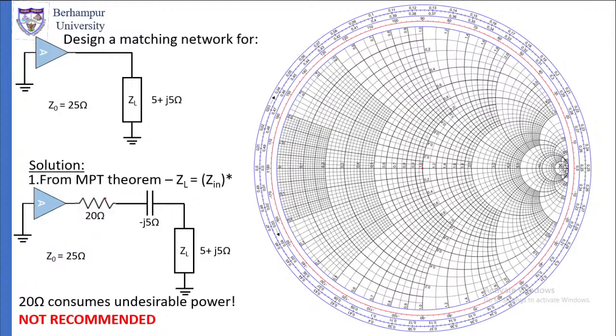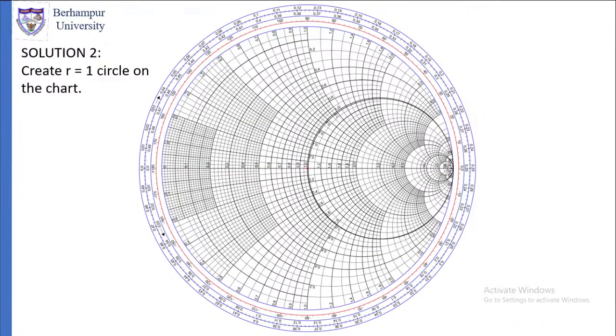So on this Smith chart, we will look for a constant resistance circle which is passing through 1. If we are on that constant resistance circle, then we are actually matched. So we will look for that. First take this Smith chart.